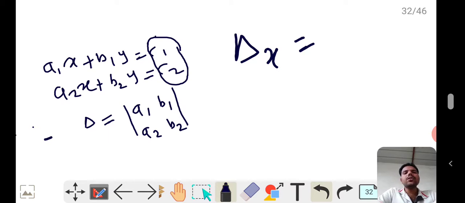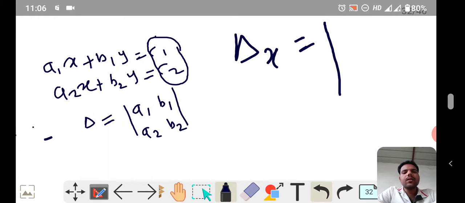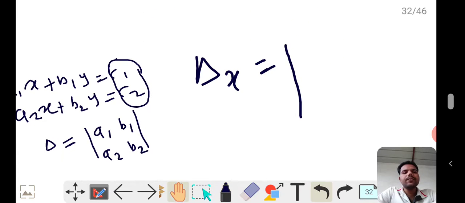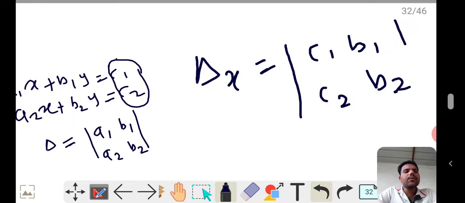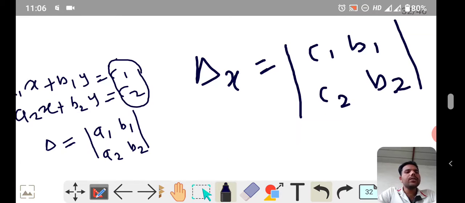Delta x is delta with x as a subscript, not multiplied. To find the delta x value, we just replace the coefficients a1 a2 by the constant terms c1 c2. That means we get delta x as the determinant with rows c1 b1 and c2 b2. You can easily find the delta x value by solving this determinant.